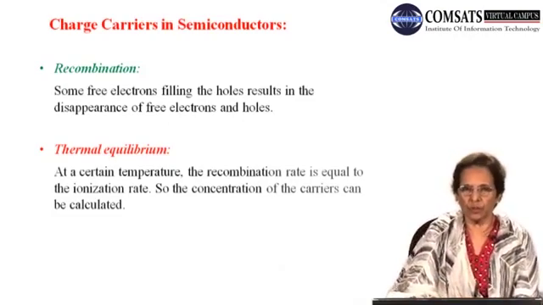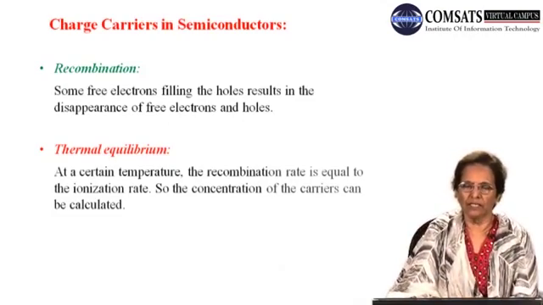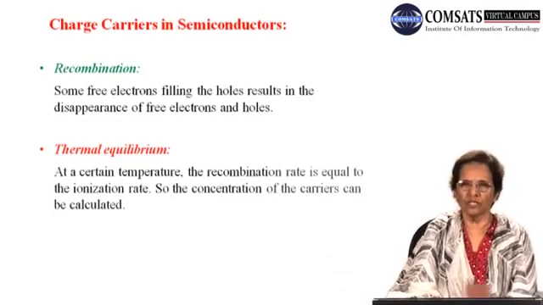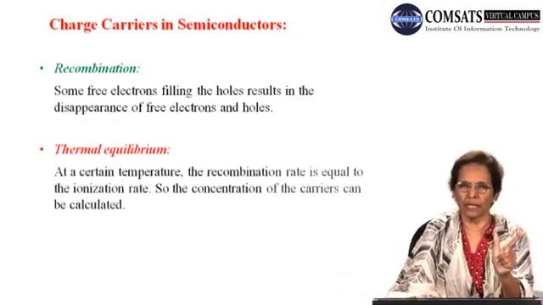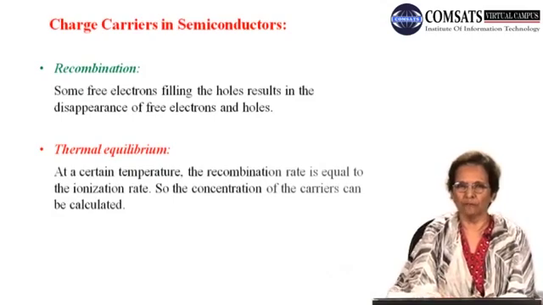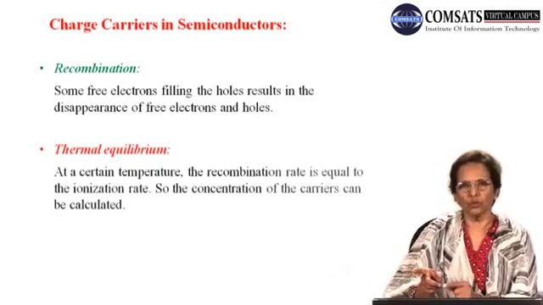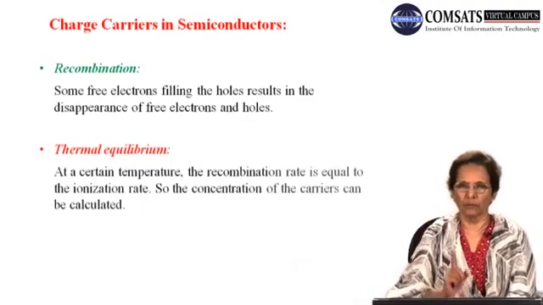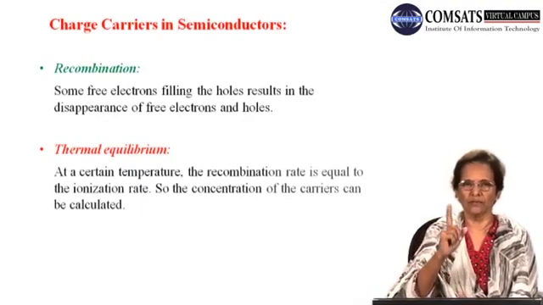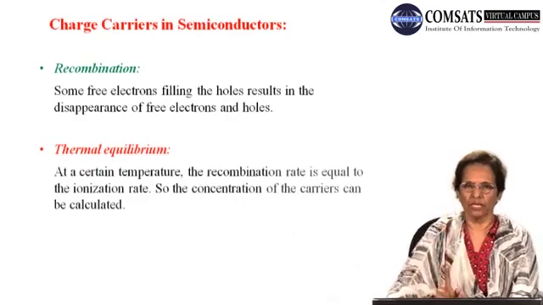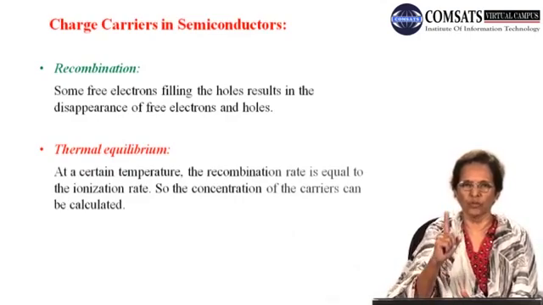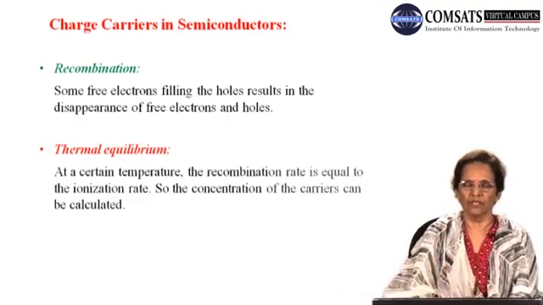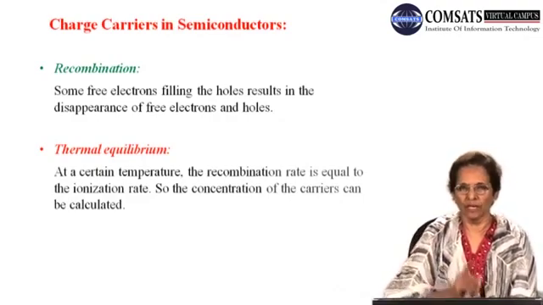So thermal generation process is very sensitive to temperature and the band gap of the semiconductor material. This you understood, shown by upward arrows: bound electrons moving into the conduction band where they become free and leave behind a vacancy termed as hole.